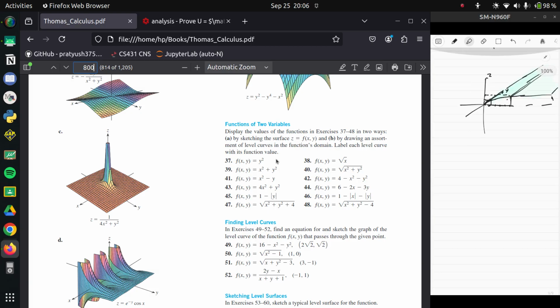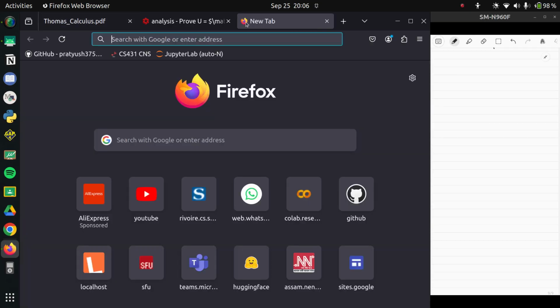I suppose this actually makes sense. Anyway, just move on. Then you have, what's a level curve versus an assortment of level curves?